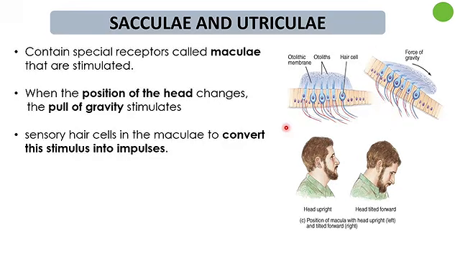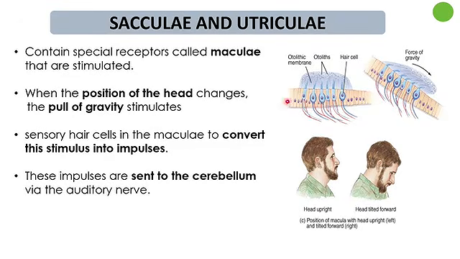Right, so these special receptors, which we call the macula, are stimulated when the position of the head changes. The pull of gravity stimulates it, and then we've got the sensory hair cells in the macula that convert the stimulus into an impulse. There you can see this guy is moving his head up and down. There are the nerve cells, and that converts the impulse.